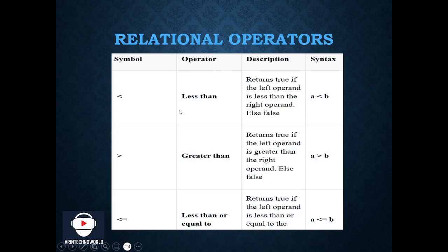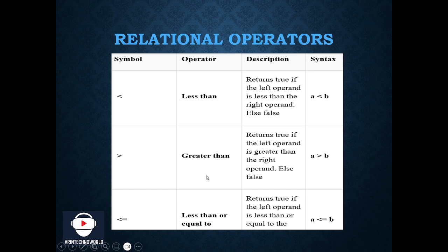The first 3 are less than, meaning true if the first value is less than the second one, and greater than, which returns true if the left operand is greater than the right operand.